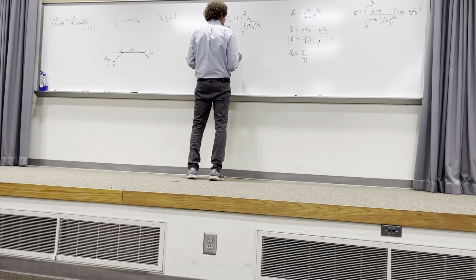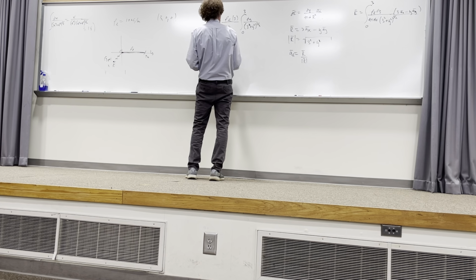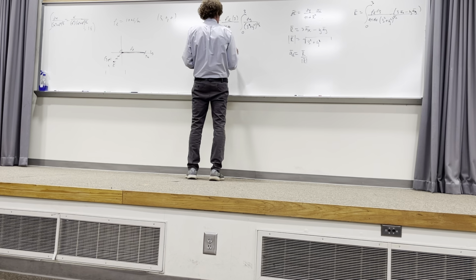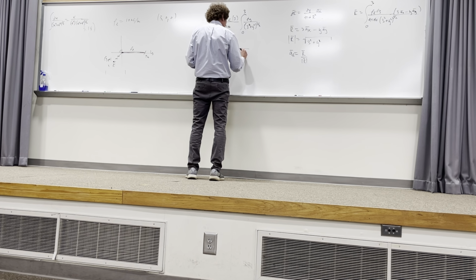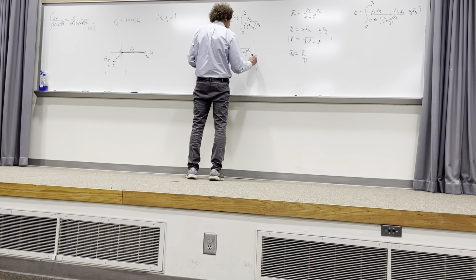And then you're going to have y over 3 squared plus y squared to the 3/2. And it's evaluated from 0 to 3.